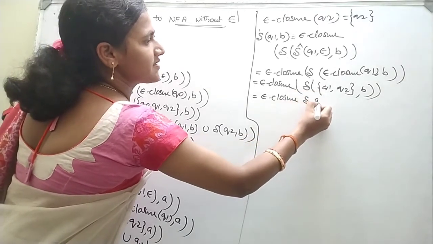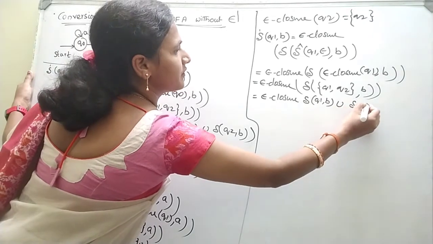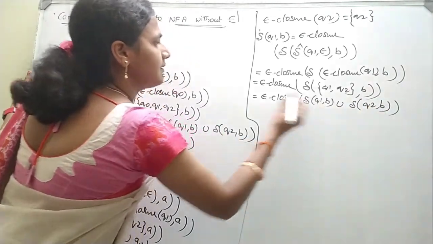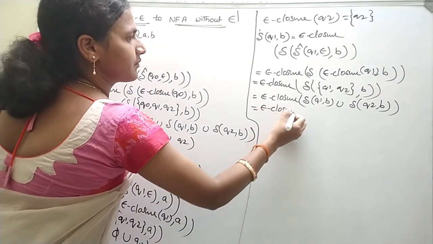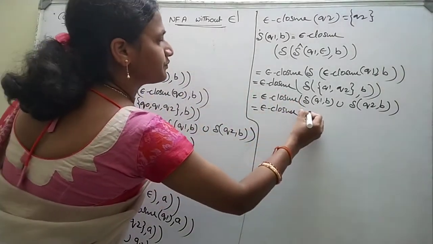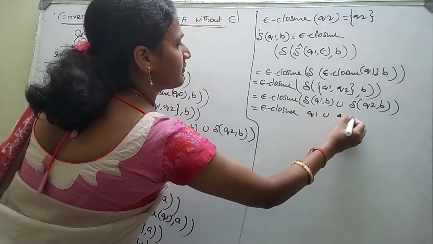This can be written as delta of Q1 of B union delta of Q2 of B. Right? So that means epsilon closure of delta of Q1 of B is Q1, union Q2 of B is Q2 itself.